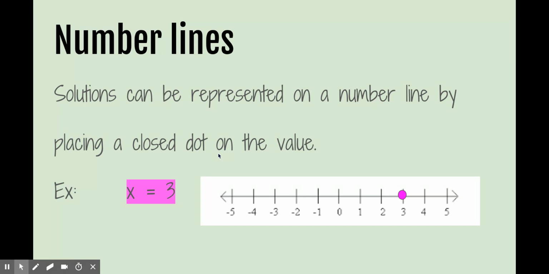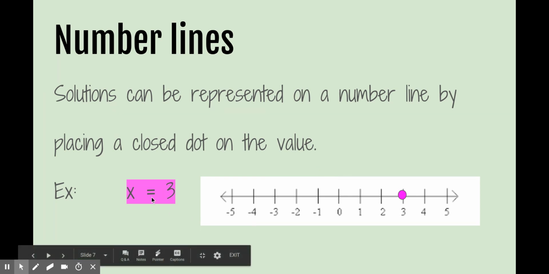So we've talked about number lines before, mostly with our rational numbers and integer units, but solutions can be represented on a number line by just placing a closed dot on whatever value it is. So basically, if your solution is x equals 3 for some equation, if you have a number line, you just place a dot on 3, and that's representing the number.